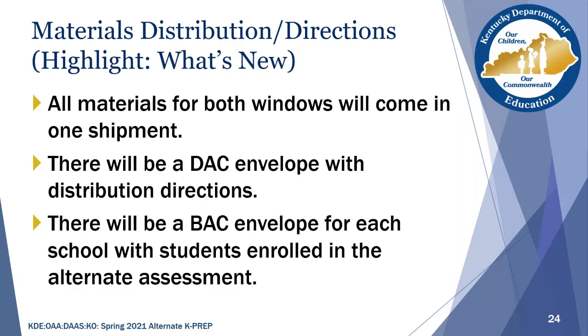Whoever that person is, you want to make sure that's who the DAC provides the materials to, but they're going to be identified through a BAC envelope. So the DAC's going to determine who that person is, and then provide them the appropriate materials for that school.